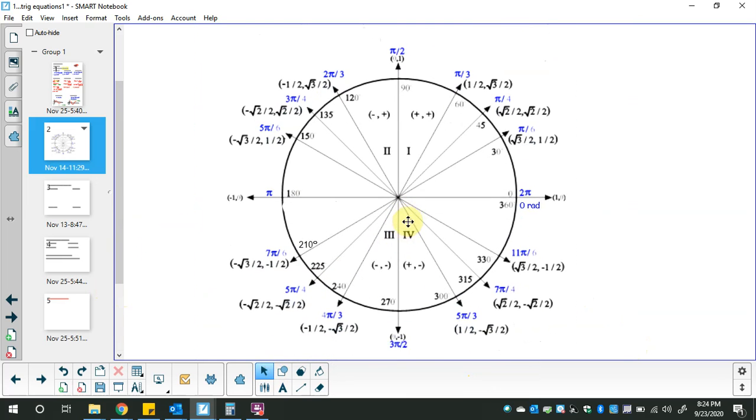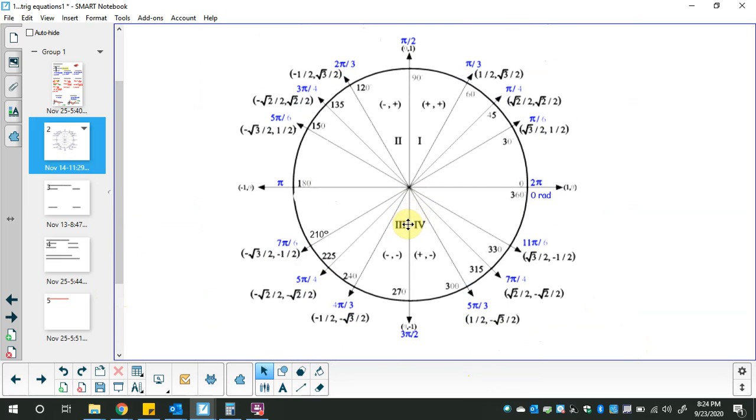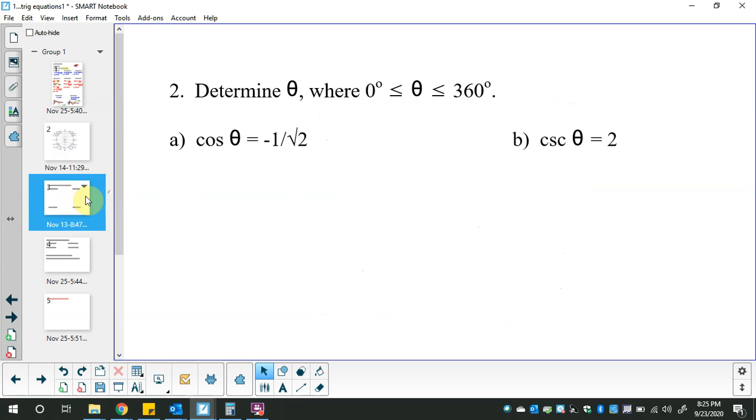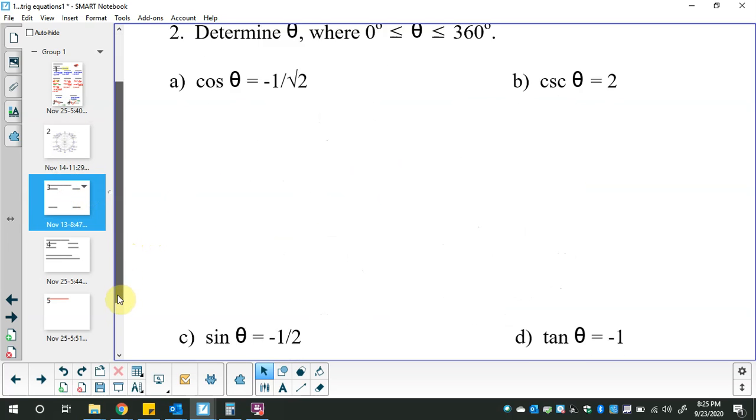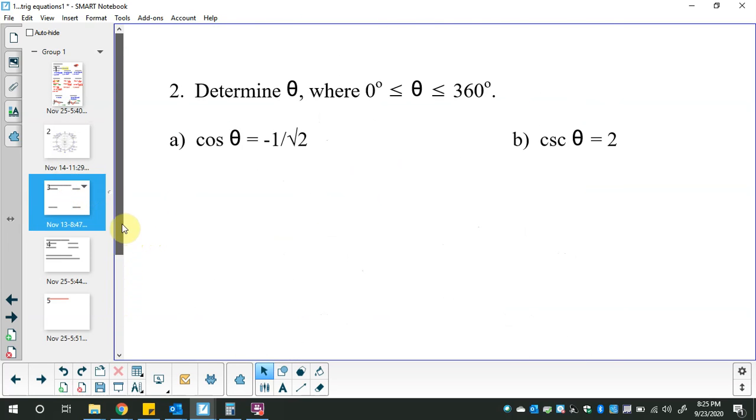So you get super repetitive values here, and that's why I can sometimes ask you to solve trig equations using unit circle values. And it's way easier to pluck answers off of this thing than it is to push buttons on your calculator, I think, personally. So here are 4 more questions.